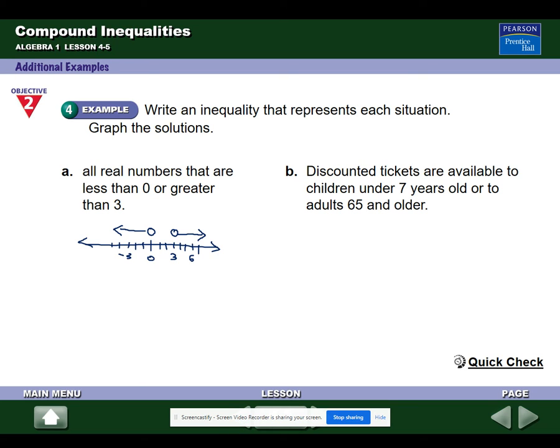Discounted tickets are available to children under 7 years old or to adults 65 and older. Now that's a little bit more challenging to get a consistent scale, and I don't think the scale is really the point here. So let me just kind of estimate. 0, 7 would be like here, and then 65 might be way out here like this.